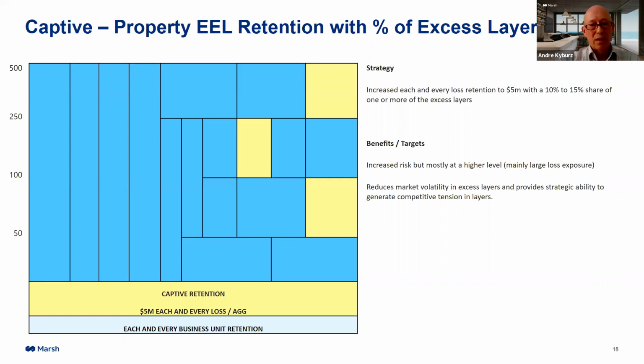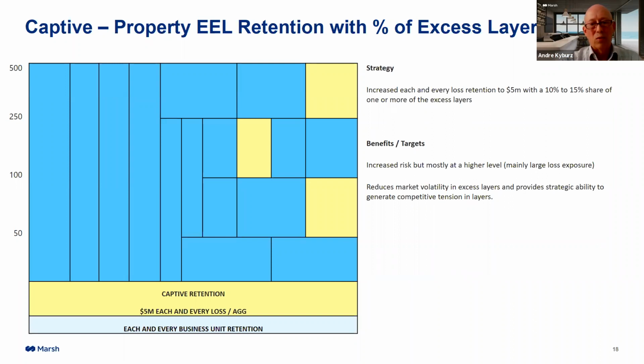And I think it's creating two things for you in a program structure. It actually reduces the market volatility in those excess layers, because you might be able to move certain markets to a space in your tower where they feel more comfortable participating at a decent price tag.